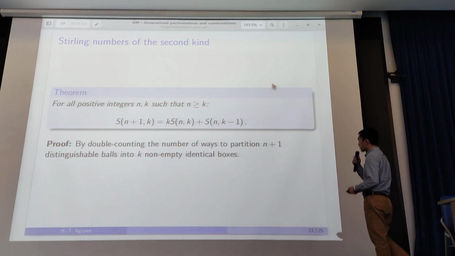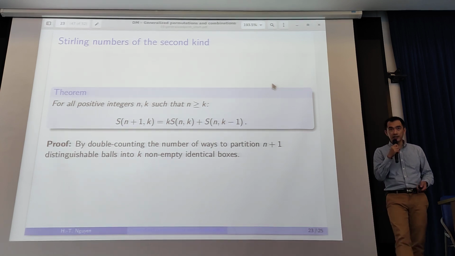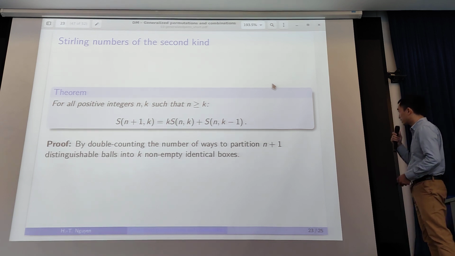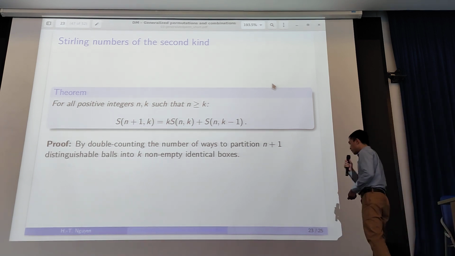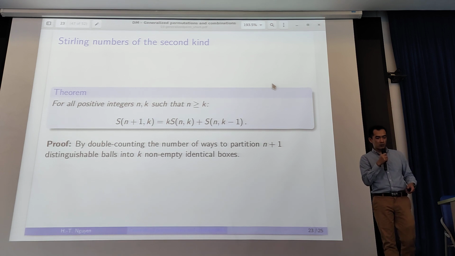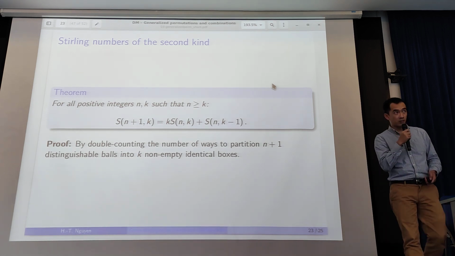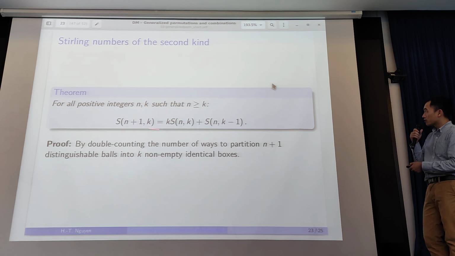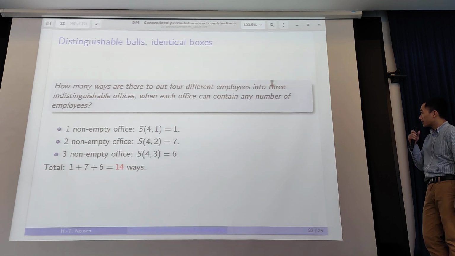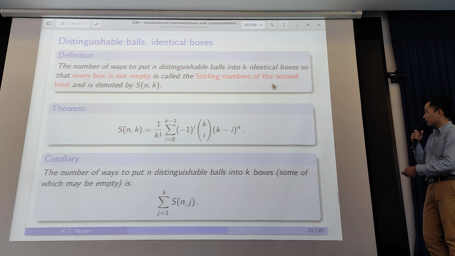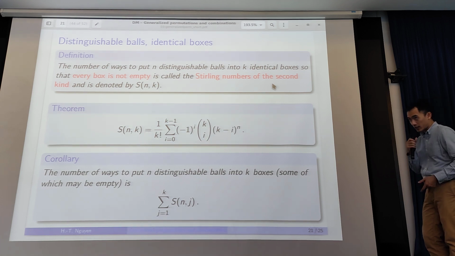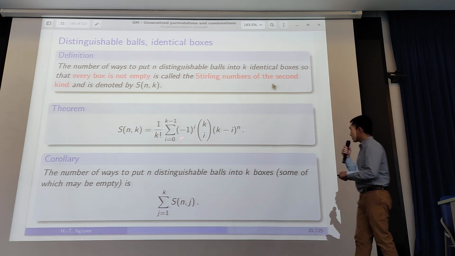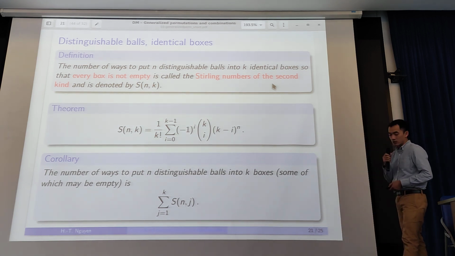We have this identity involving the Stirling numbers of the second kind, and you can use it to calculate them. It will be easier to use this recurrence formula instead of the closed formula, because the closed formula, while it looks pretty, is kind of complicated to calculate.